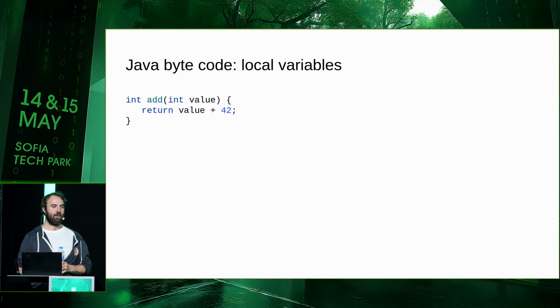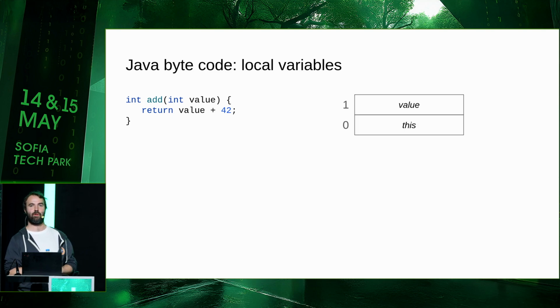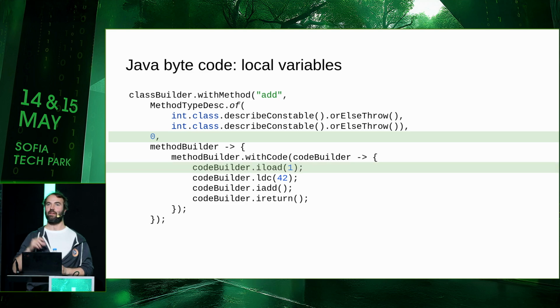Right. So also, just to demonstrate why working on bytecode typically is not a good idea, all I did now is I removed the static, right? What does that mean? That means that the first argument to the method is no longer the value, it's the this reference, meaning that every reference to a variable in your code will have to shift by 1.